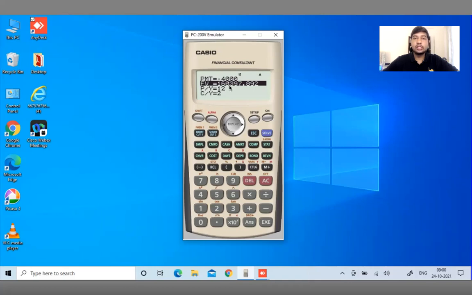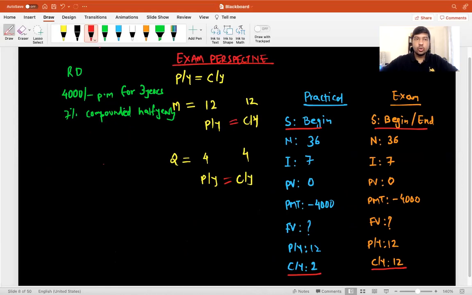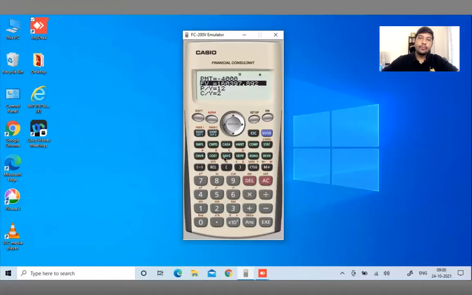So 1,60,397 is the answer, the practical way. Now, let's understand if it was in the exam, then how you would have calculated. In that case, C/Y would have been the same as P/Y. And then the rest everything would have been the same. And then press SOLVE.